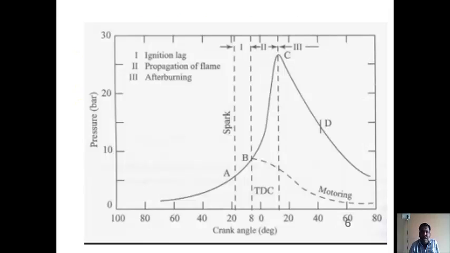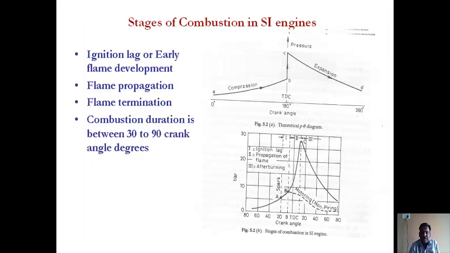Second stage is flame propagation. It is the time duration between point B to C, from the point the combustion process is initiated up to the maximum cylinder pressure development. Third stage is the after burning. This third stage starts from point C, around 10 degree after TDC, during the expansion stroke.